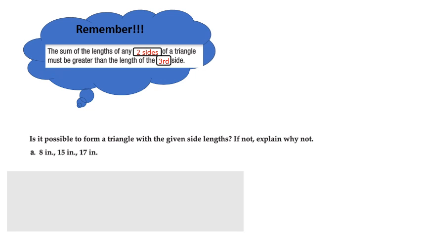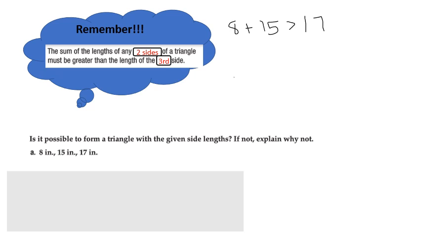So I'll put this little thought bubble here while we walk through this problem. Is it possible? Well, I don't know. Let's see. In your notes, I think it's already worked out, but we're going to work it out. We're going to take two sides, 8 plus 15, and see if that's bigger than the third side.